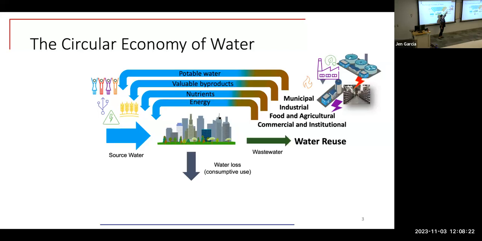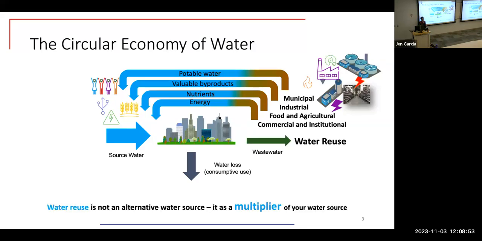So we're trying to maximize these different types of treatment processes to specifically target and remove those contaminants. So we use less energy and can reuse these and even recover different sorts of resources, such as nutrients, any sort of byproducts, and even energy to be reused in different sectors. So again, municipal, industrial, food and agricultural, institutional facilities, etc.